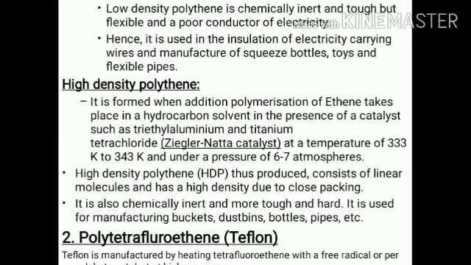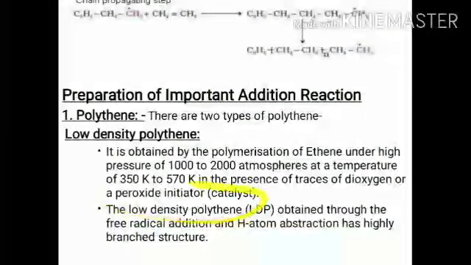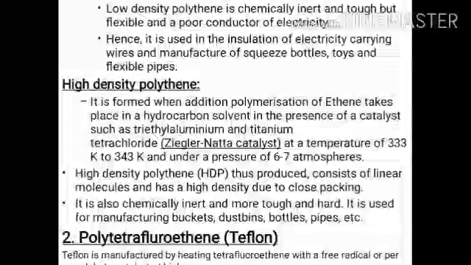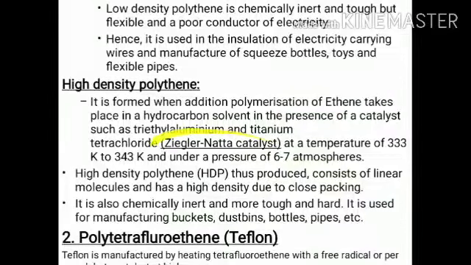Now how is high density polythene formed? In low density polythene we use dioxygen, or we can say peroxide, as a catalyst, but for high density polythene we use the Ziegler-Natta catalyst. What is the formula of the Ziegler-Natta catalyst?